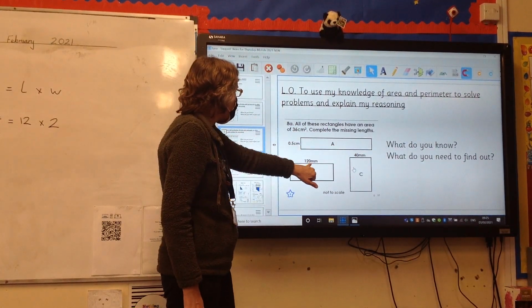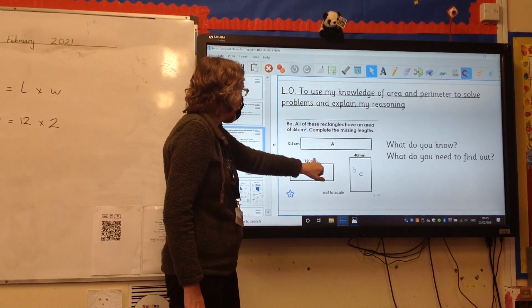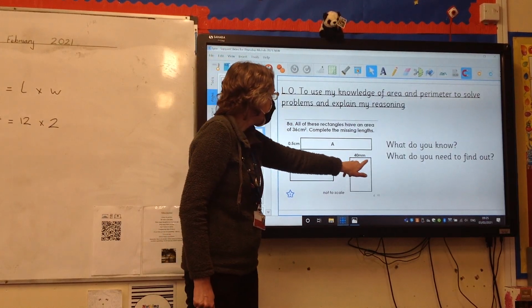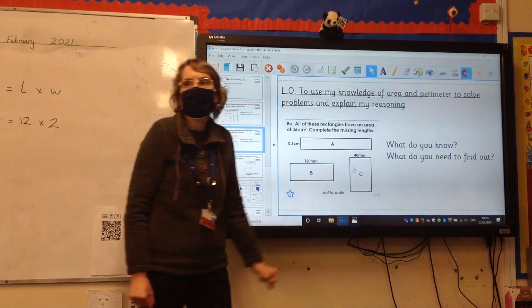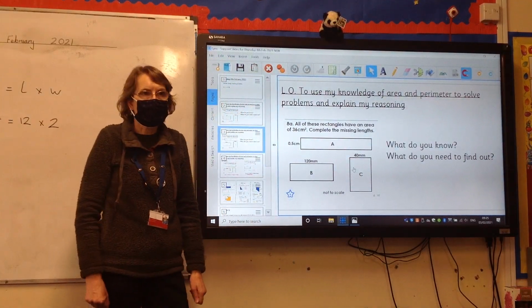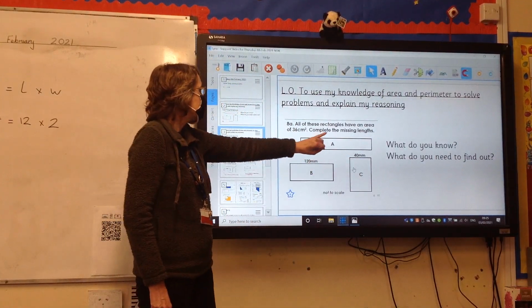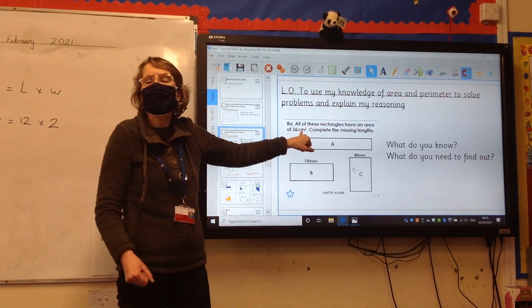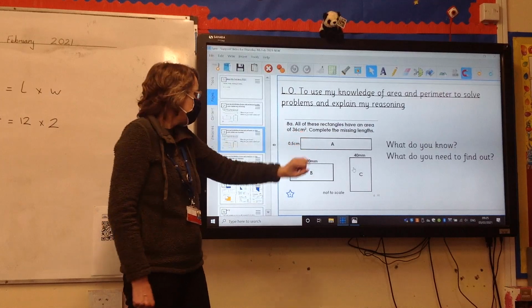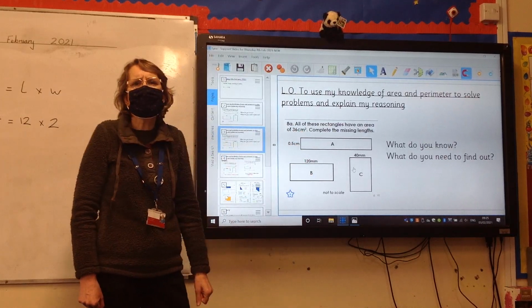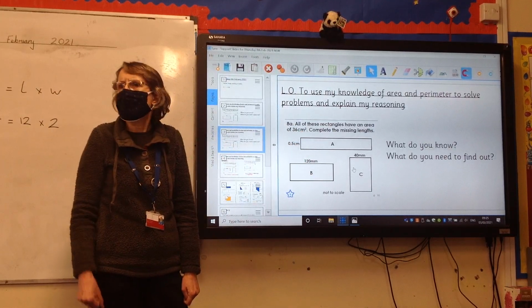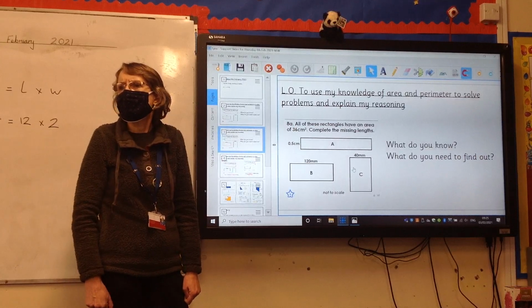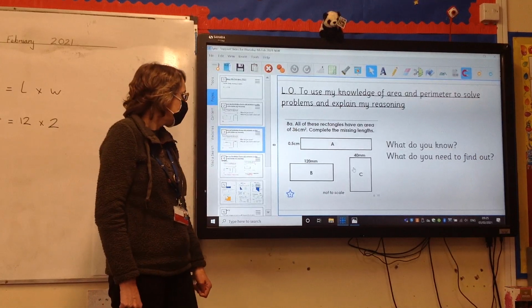Now, with these questions, you need to be careful because the measurements are actually given in what unit? Millimetres, yeah. But the question says all of these rectangles have an area of 36 centimetres. So what do you think it would be a good idea to do? Make them into centimetres. I would convert them into centimetres.